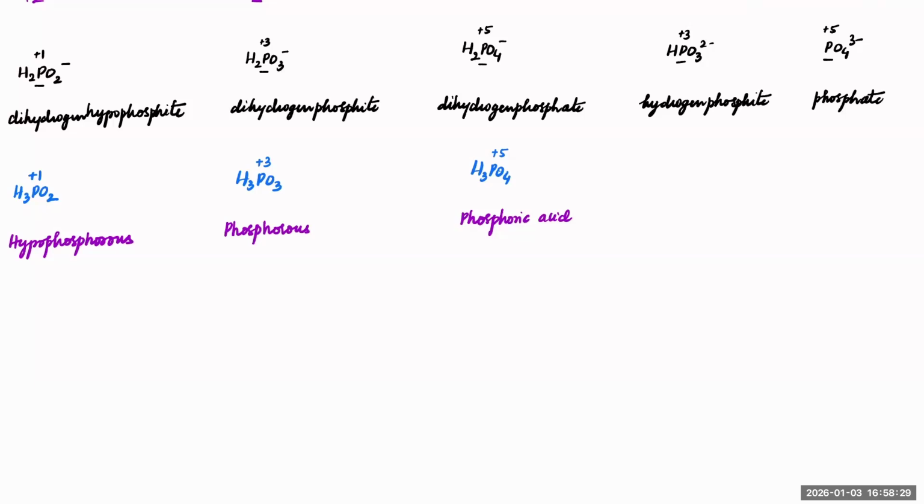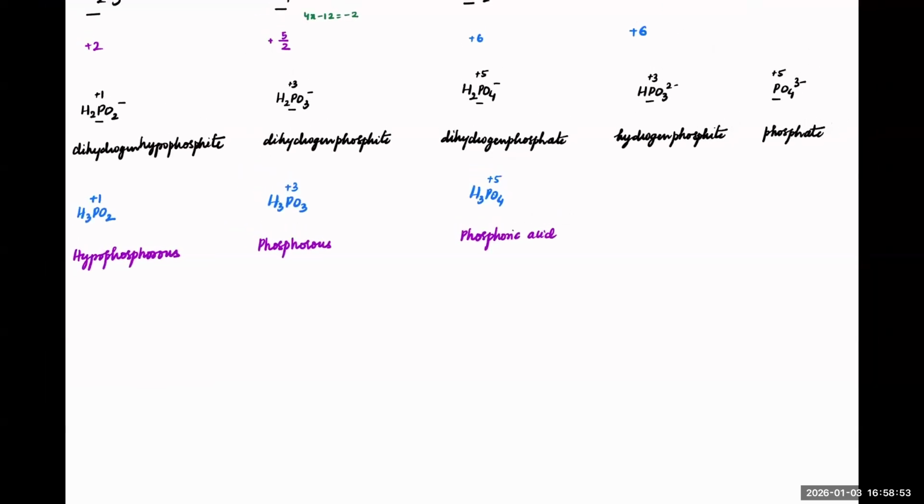Manganese has seven of them. That's the reason chlorine, bromine, iodine, and manganese are the only elements which can go up to per forms. Even chromium cannot go, because the maximum number of electrons it has is only six. All good? Yes, sir.